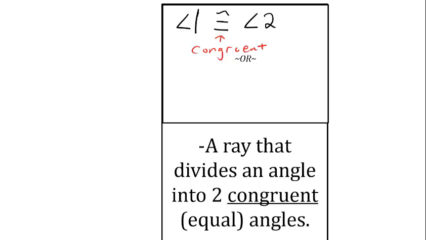So angle 1 is congruent to angle 2. Or we could say that the measure of angle 1 is equal to the measure of angle 2. The word congruent means equal, and so if we're talking about the actual measure of the angle, they're equal, or just the angles are congruent to each other. The definition of an angle bisector is a ray that divides an angle into two congruent, equal angles.